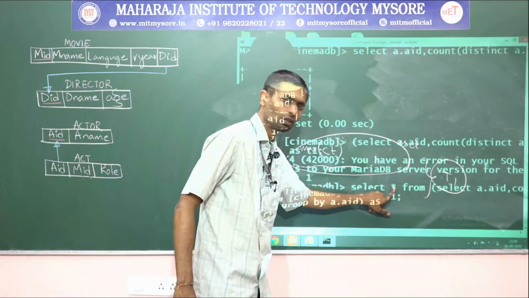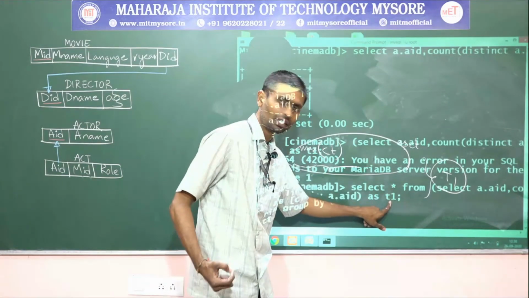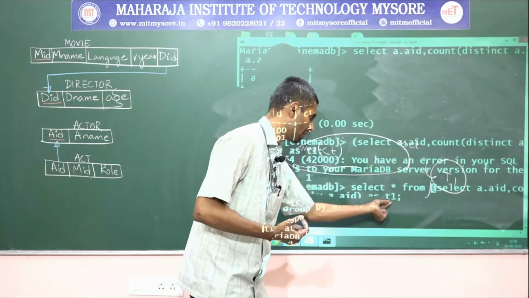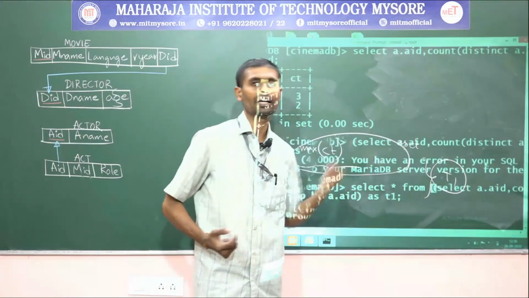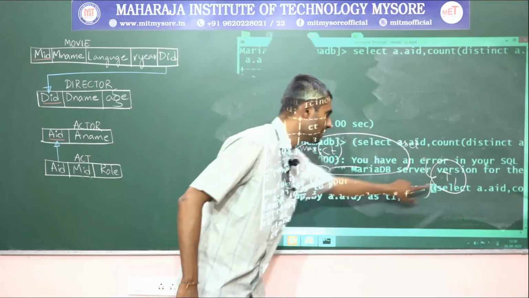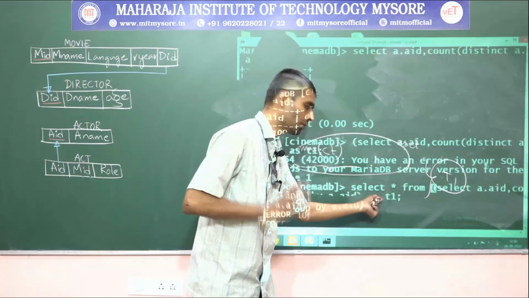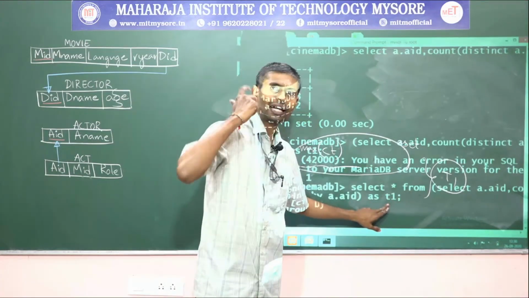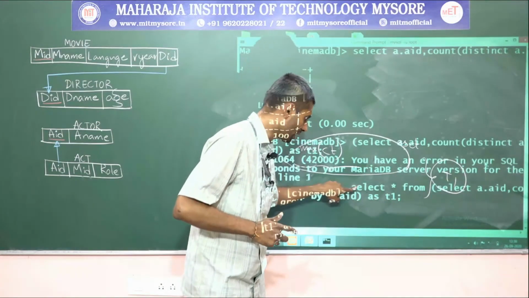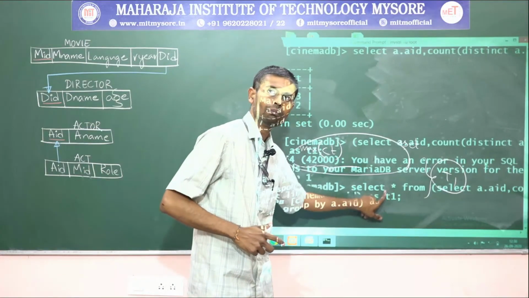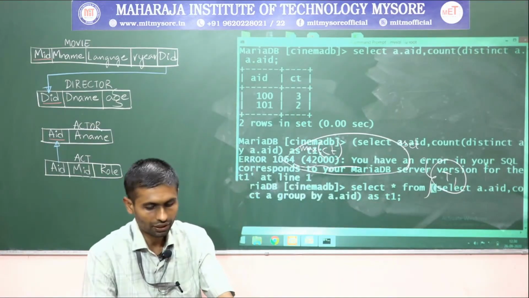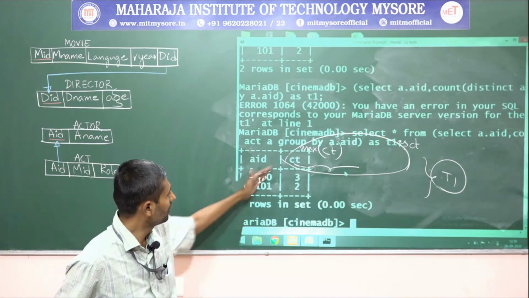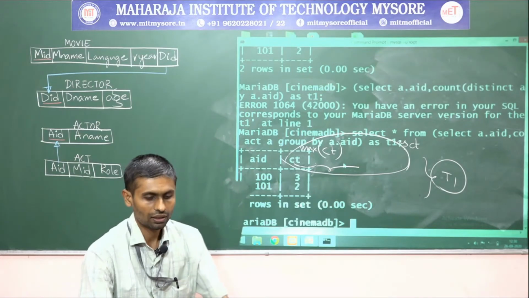Then onwards, whatever I want to retrieve is from the T1 table, that means T1 temporary table data, right? That we are retrieving. That means T1.CT, T1.AID, right? Like this. It is not from the act table. That feeling you have to have at this point of time. But actually it is from the act table itself, but as part of this outer query, it is retrieving from T1, right? Fine. Yes. Look at this one, guys. Now it is working. T1, AID, CT. Same content we are getting.